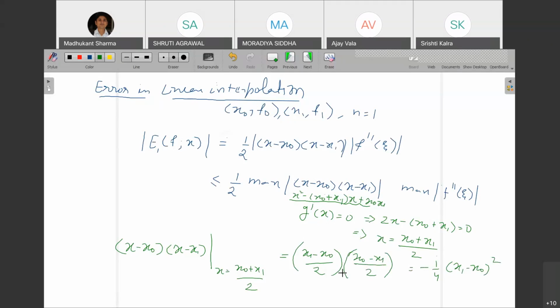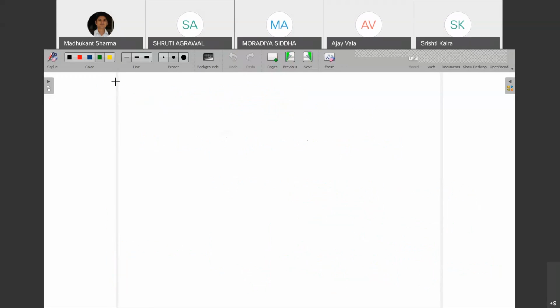You are talking about the magnitude, so the value in magnitude is plus 1 by 4 times this. And let's say x1 minus x naught is equal to h, the distance between x1 and x naught is h.